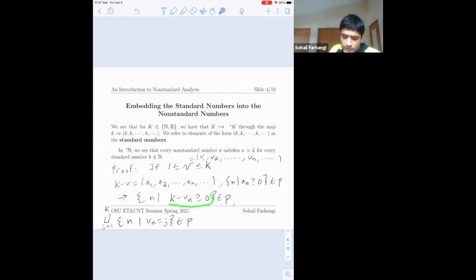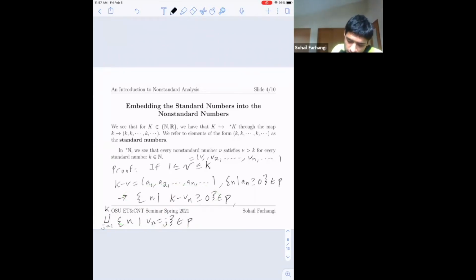So if this happens, then Vn is just going to be some number in between 1 and k. So we just partition this set into k sets based on the value of Vn. And then if the union of the k sets is in your ultrafilter, then one of the k sets is in the ultrafilter.